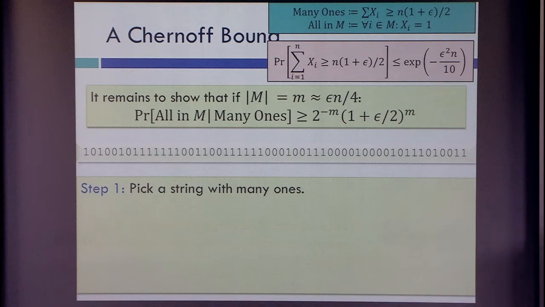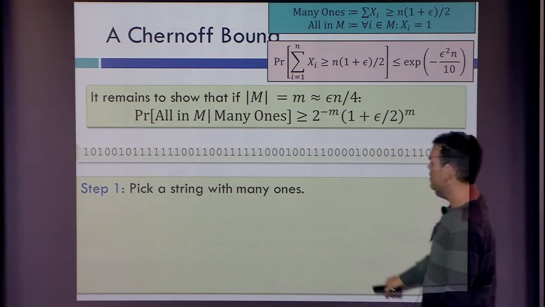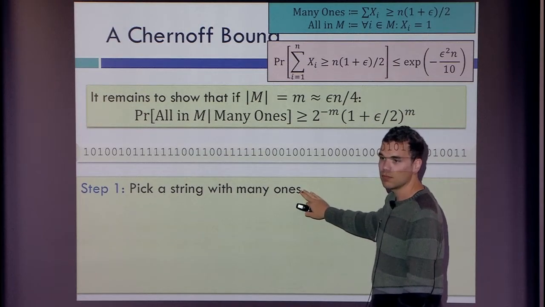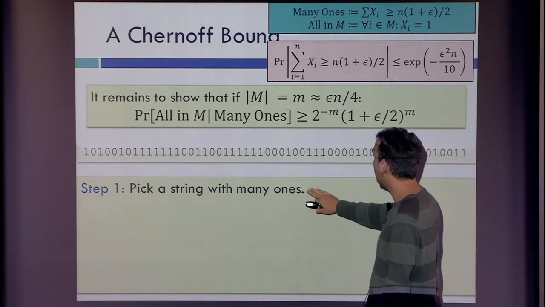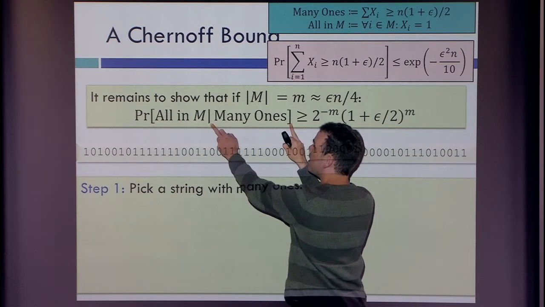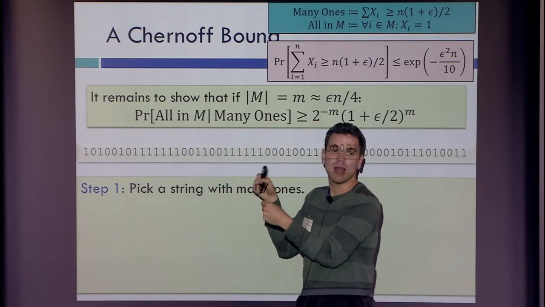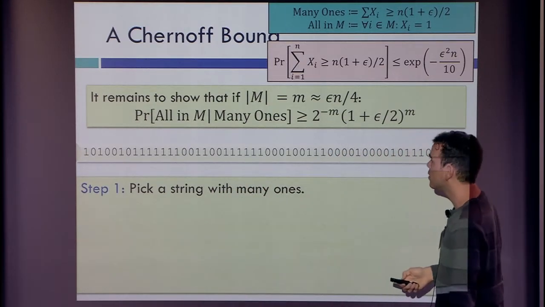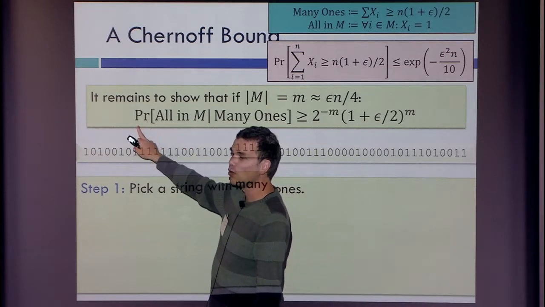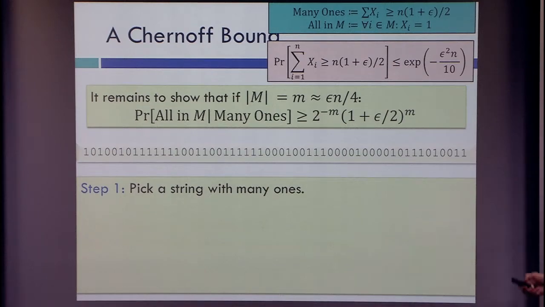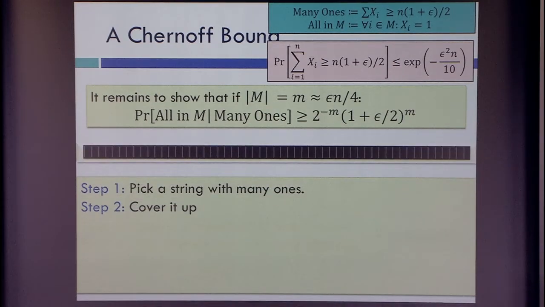Well, what we do is we start with an arbitrary string which has many 1s. Okay. Pick any string which has many 1s. What I claim is when you condition here on having many 1s, in fact, you can also condition on any fixed string which has many 1s, and it will still be true. For this thing here, we only need the probability over the choice of m. So you pick a string with many 1s, and as a second step, you cover it up.